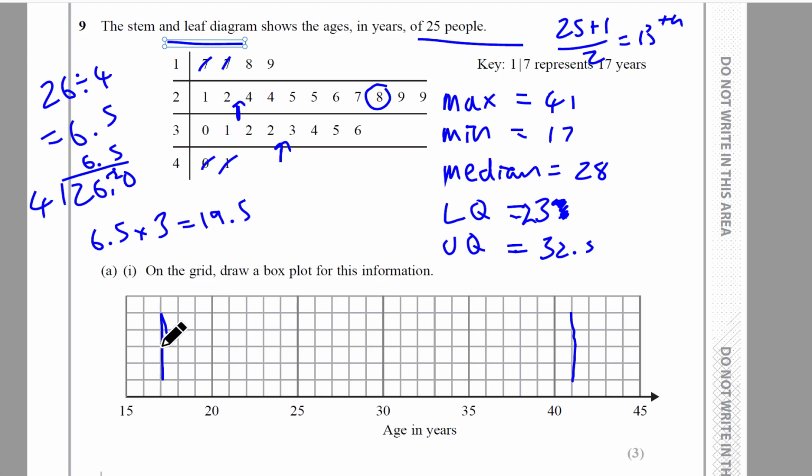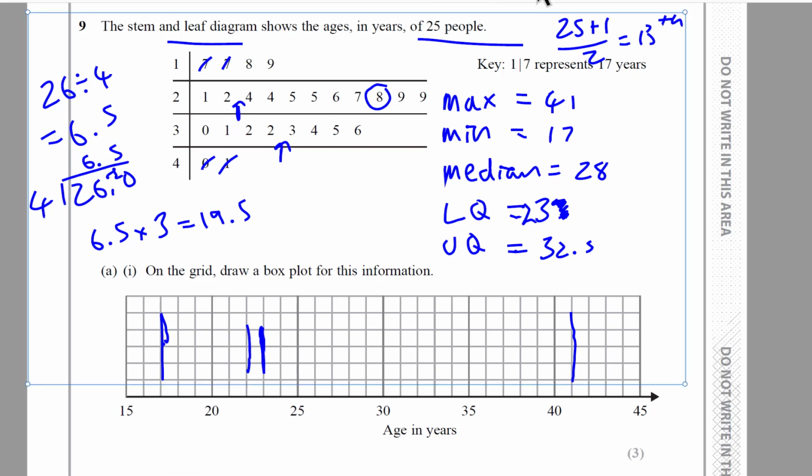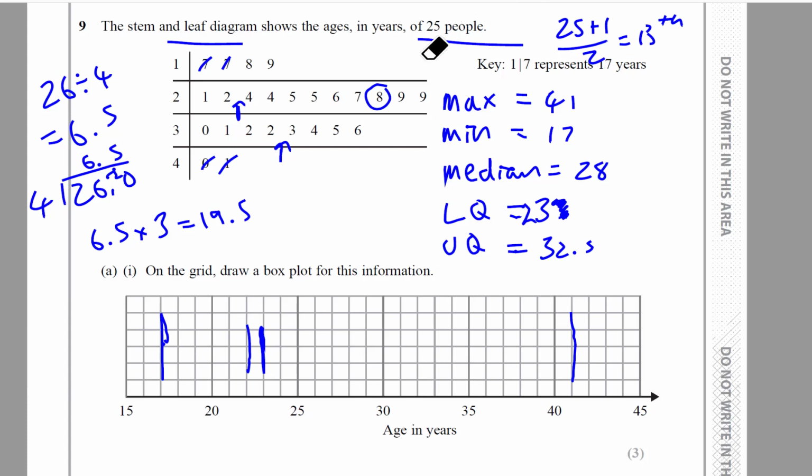Oopsie. The lower quartile is 23. So see that, be careful there. Upper quartile is 32.